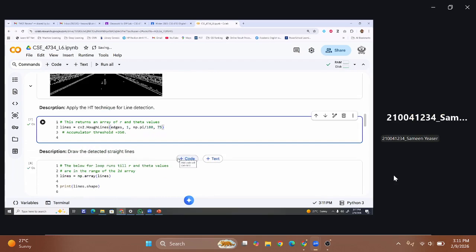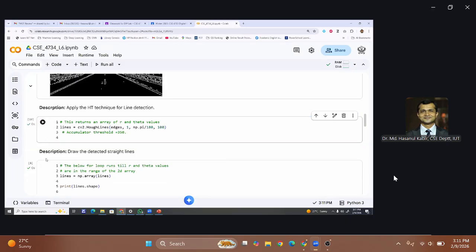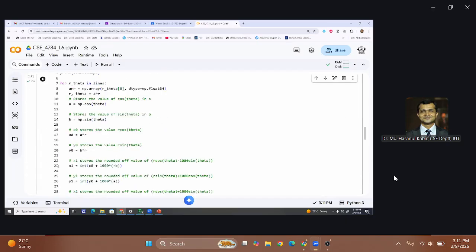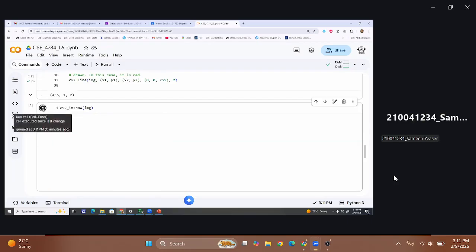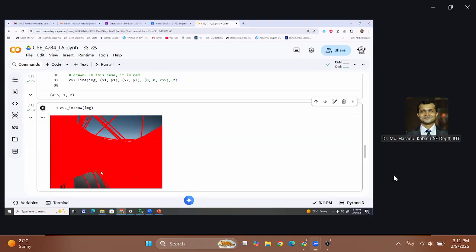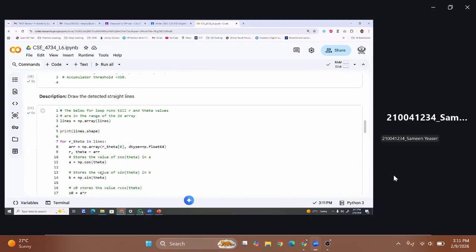Okay, let's try to change it to 100. If I increase this threshold value, what do you think will happen? The line number will decrease, because what I'm asking for is only the straight lines, the borders, and the horizon.